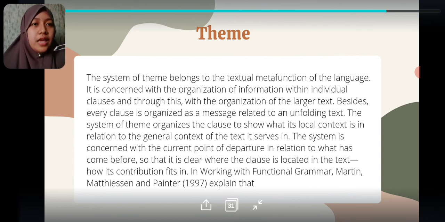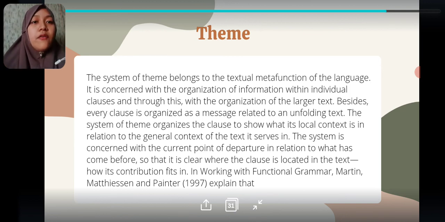The system of theme belongs to the textual metafunction of the language. It is concerned with the organization of information within individual clauses and, through this, with the organization of the larger text. Besides, every clause is organized as a message related to an unfolding text.